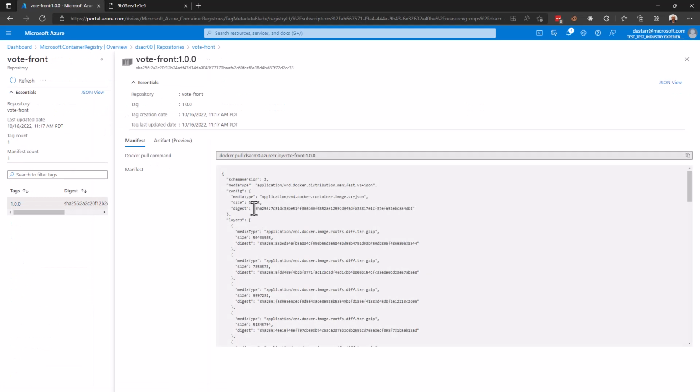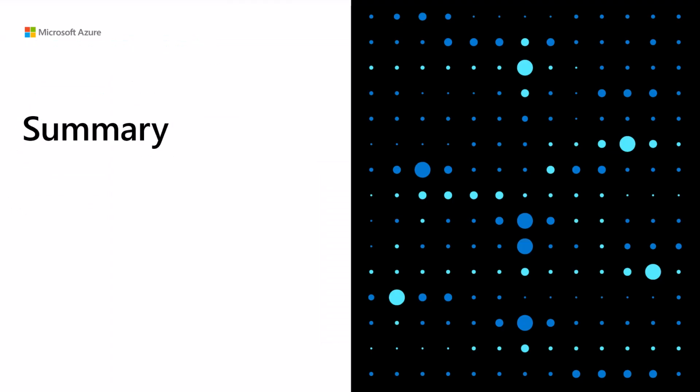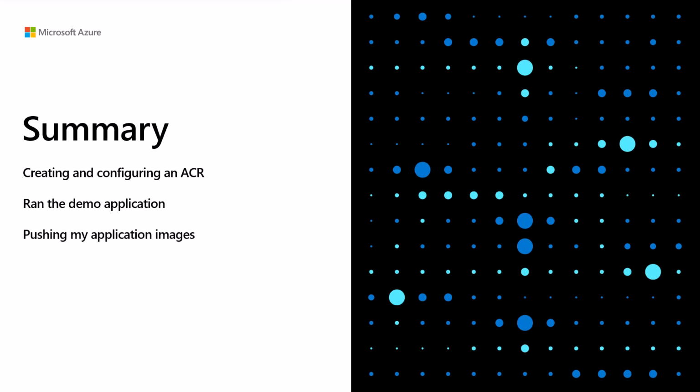And if we click it, we see the pull command for that image, and we can easily copy its digest. We now know all about creating and configuring an ACR in preparation to use with the Azure Marketplace. I ran the demo application you'll be seeing in the other modules of this course. Lastly, I pushed the solution's images up to the ACR created in the first step.